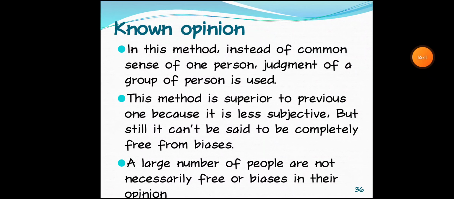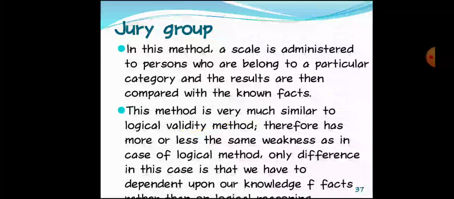Non-opinion. In this method, instead, a common judgment of a group of persons is used. This method is superior to the previous one because it is less subjective, but still it can't be said to be completely free from biases. A large number of people are not necessarily free or unbiased in their opinion.